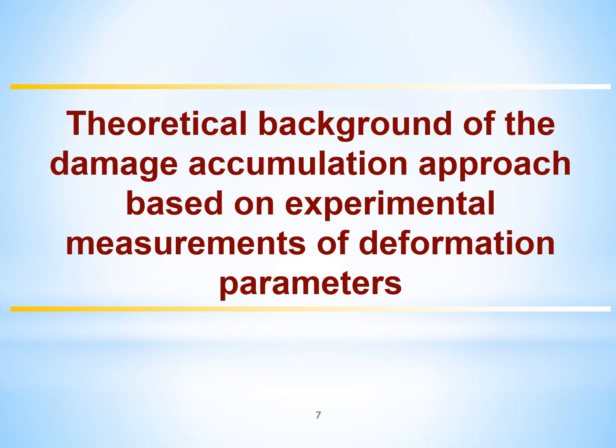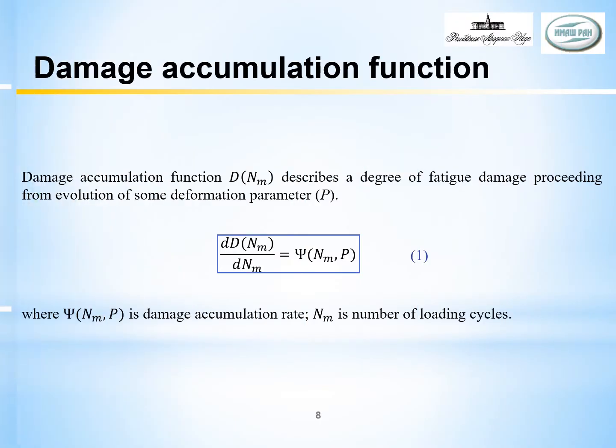Theoretical background of the damage accumulation approach based on experimental measurement of deformation parameters. We have introduced a damage accumulation function, which describes the degree of fatigue damage proceeding from the evolution of some deformation parameter P. In this equation, this parameter is the damage accumulation rate, and M is the number of loading cycles.